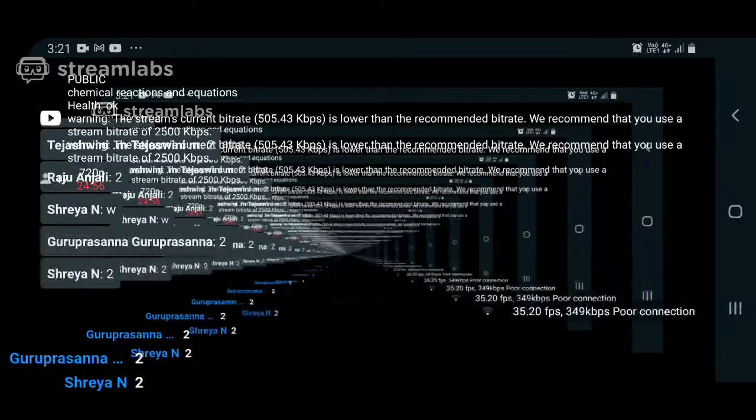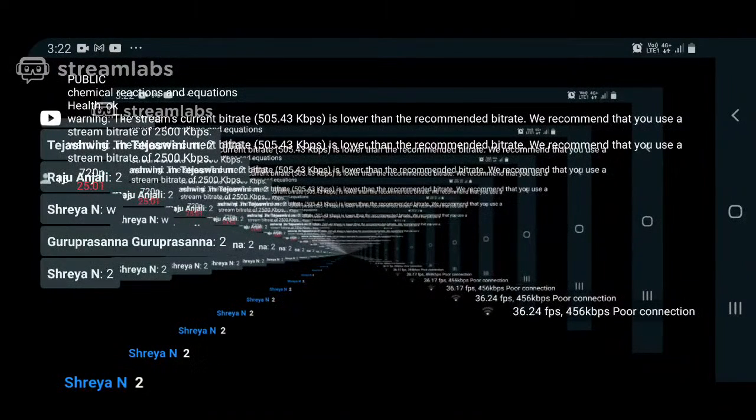MgO is 1 product, right? So this is called chemical combination. What is chemical combination? 2 or more reactants combine together to form 1 product is known as chemical combination. Is that clear?